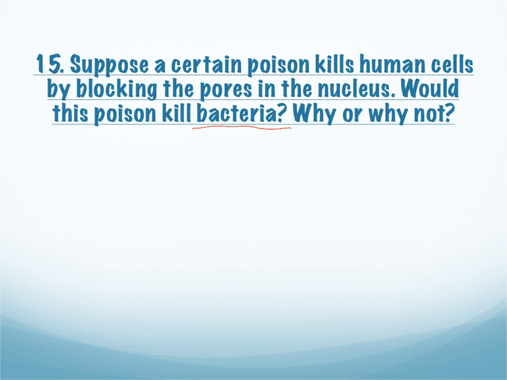And the answer would be no. If it's killing the bacteria by blocking the pores in the nucleus, which it doesn't have, then it wouldn't kill it because it doesn't have a nucleus, making the poison ineffective.